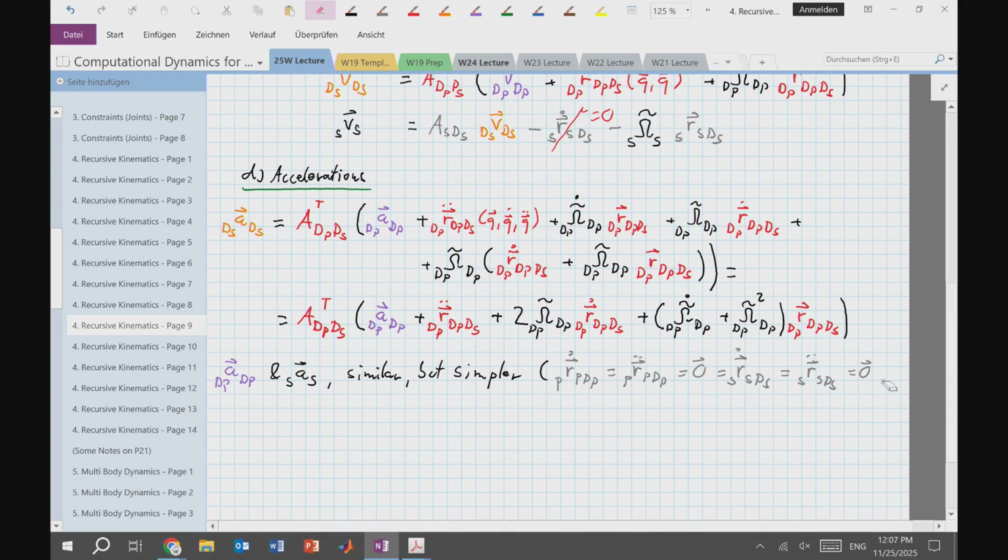So there things simplify a little bit, and the expressions, I'm not going to write them down because they're going to be exactly this, just with these terms set to 0, or in other words, they're going to be simply the equations for accelerations of different points on the same body.